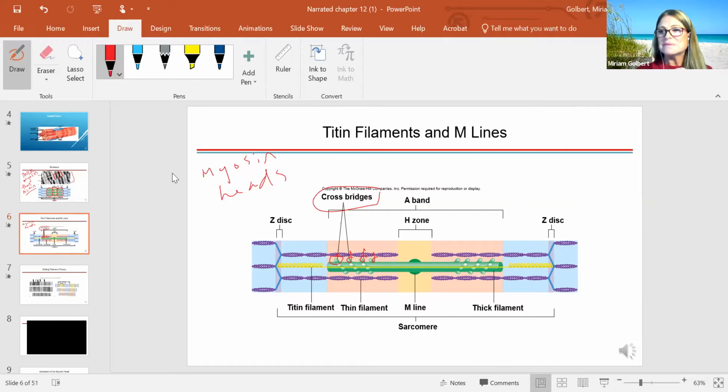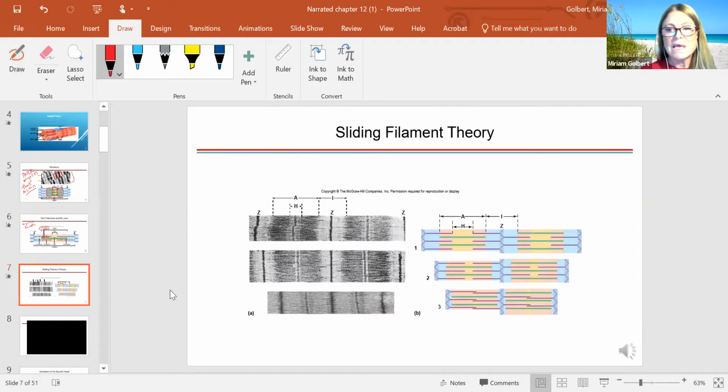You can't see it, right? So at a normal resting length of the sarcomere, you can see the H zone. But when we do the sliding, the contraction, the H zone almost disappears. So here you have the electron microscope picture, but the drawing is a little better. And that's how you can tell on number 3, how we don't see the H zone anymore, right?